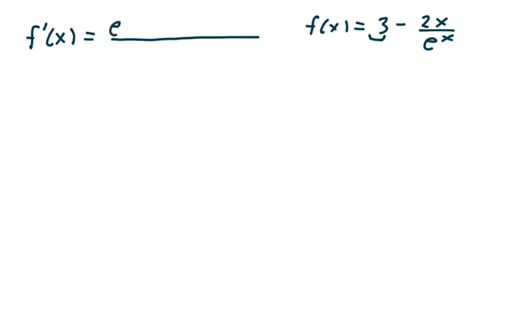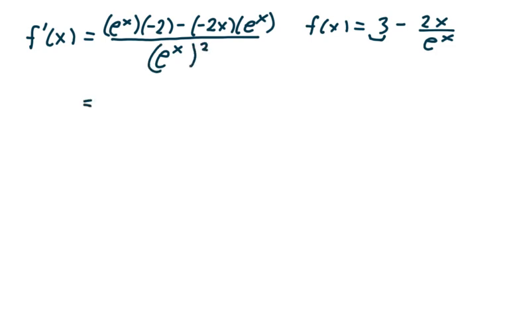So I'm going to take e to the x bottom times the derivative of the top, which is negative 2, minus negative 2x times the derivative of the bottom, which is e to the x, and I'm going to divide by e to the x squared. So this is negative 2 e to the x plus 2x e to the x divided by e to the x squared. I'm not calling it e to the 2x just yet.